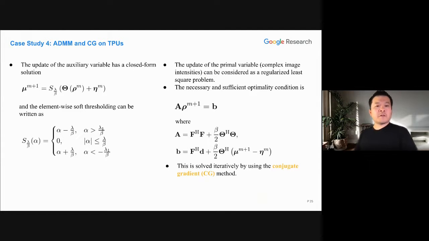The update of the auxiliary variable has a closed form. The update of the primal variable, known as the complex image intensities, can be considered as a regularized least square problem. This problem can be solved iteratively by using the conjugate gradient method. That's how CG is useful in this application.